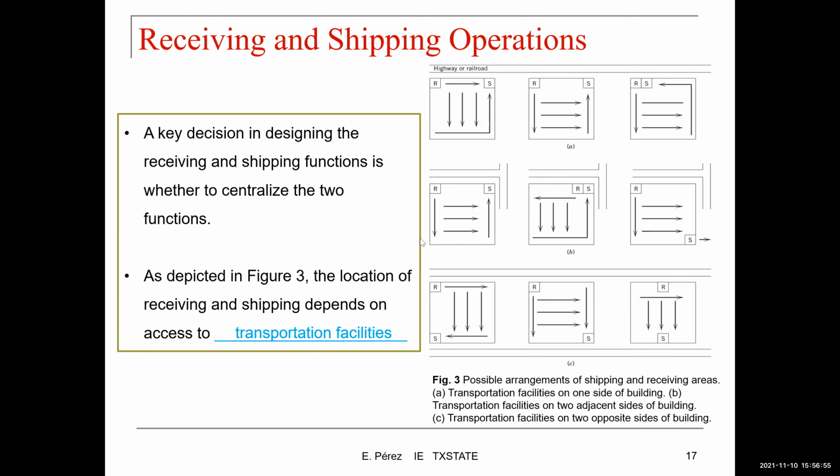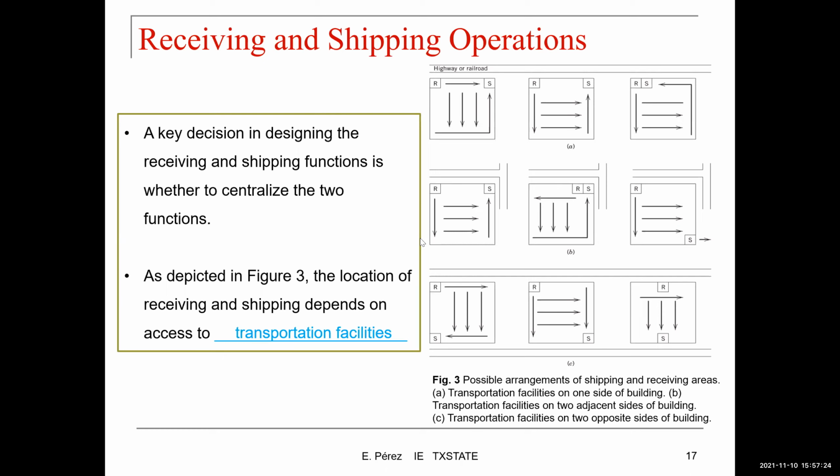So they have access from these 2 transportation facilities. So again, you have multiple options. If you look at the top and the location at the corners at the top, locations in one of the corners, and then you can also add this configuration in which you have the receiving and shipments on opposite sides.